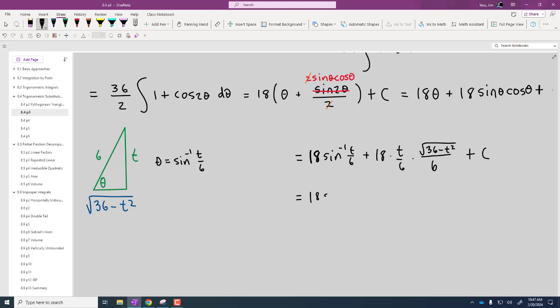So we're going to have the 18 inverse sine of t over 6, and then plus 1/2, half, 18 over 36, all that stuff. And there we have it.